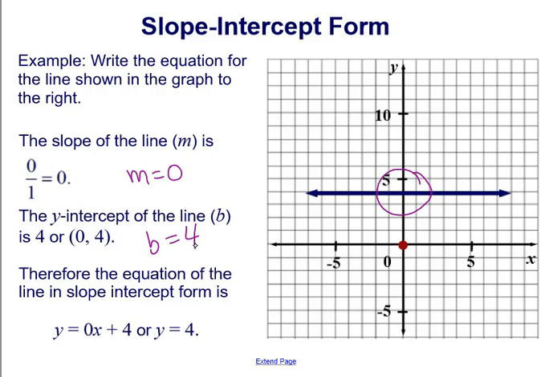Therefore, the equation of the line in slope-intercept form, y equals mx plus b, is going to be y equals 0x plus 4, but we can simplify that directly to just y equals 4. And this matches that for horizontal lines you should only see that y variable, because the slope of 0 makes the x term disappear.